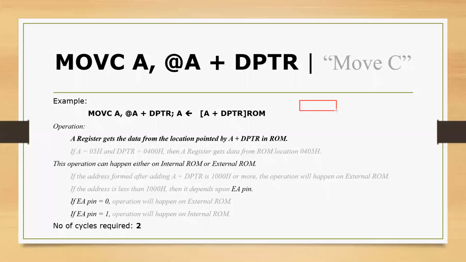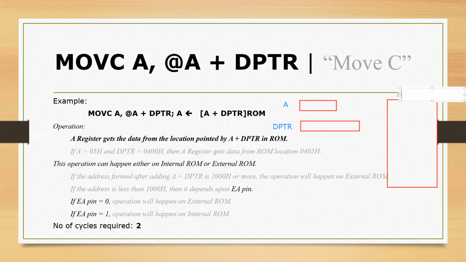That is, we have the A register and the DPTR register, and we have the memory location, the ROM. In the example, the value in A is 5, and the value in DPTR is 400.